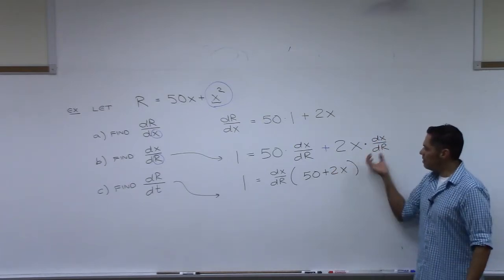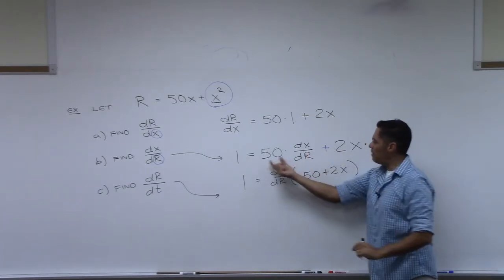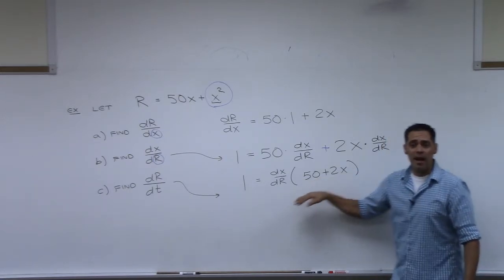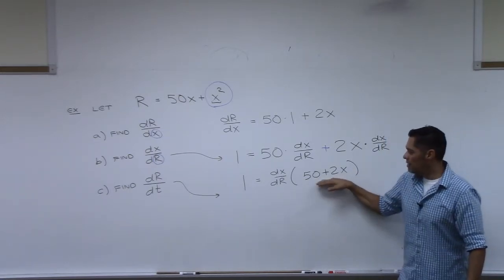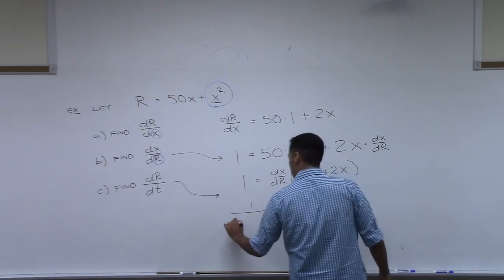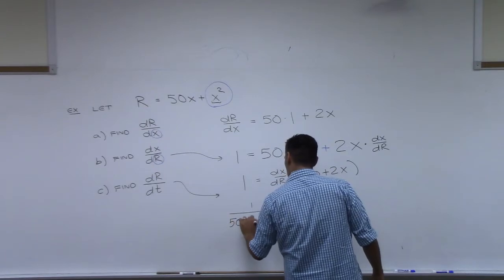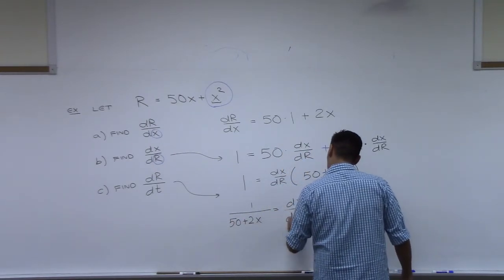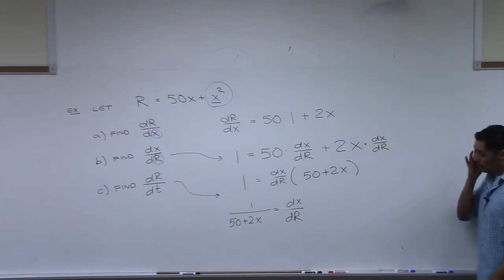I'm factoring this one and this one out, and that leaves me with a 50 and the 2x and a plus between them. And then I divide both sides by that. So 1 over 50 plus 2x equals dx/dr. That's the answer.